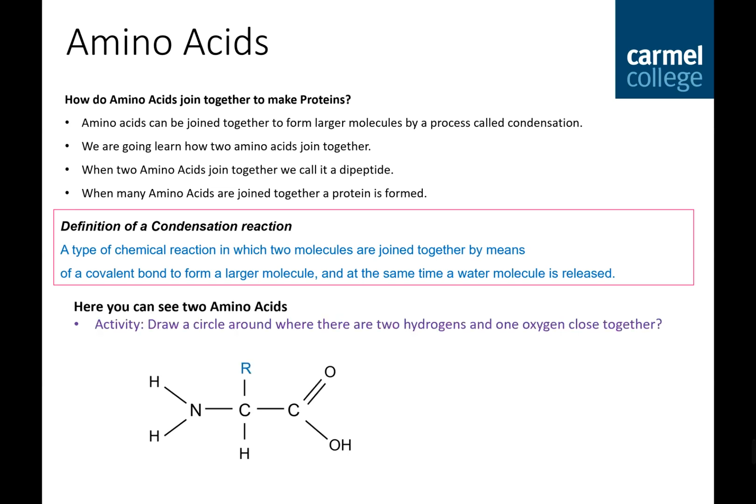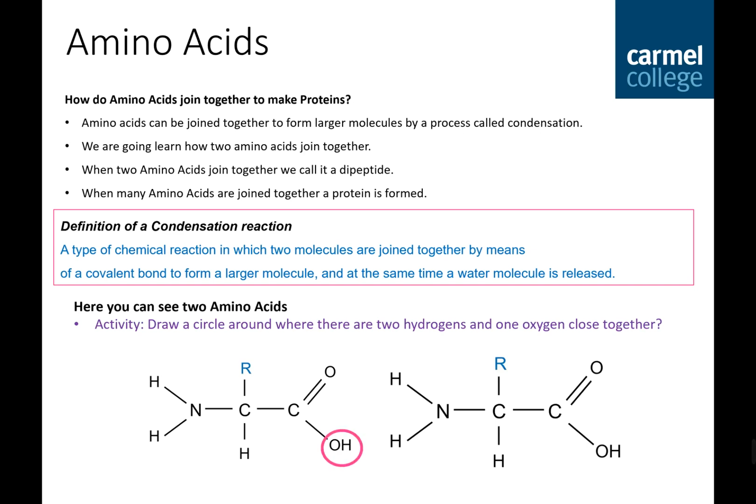I would like you now to draw a circle around the parts of the molecule where the reaction will occur. This is where you see two hydrogens and one oxygen being close together.